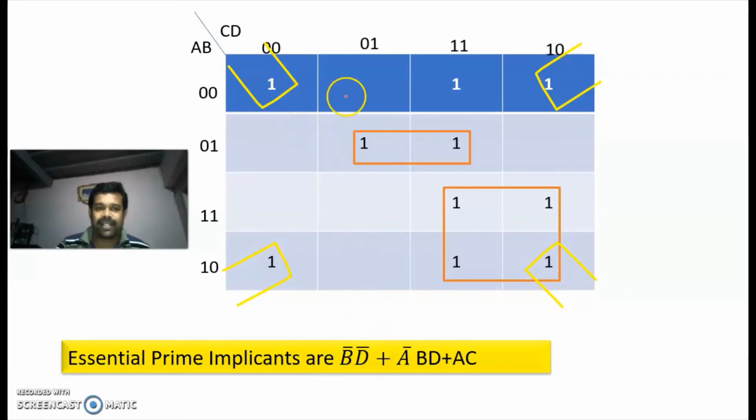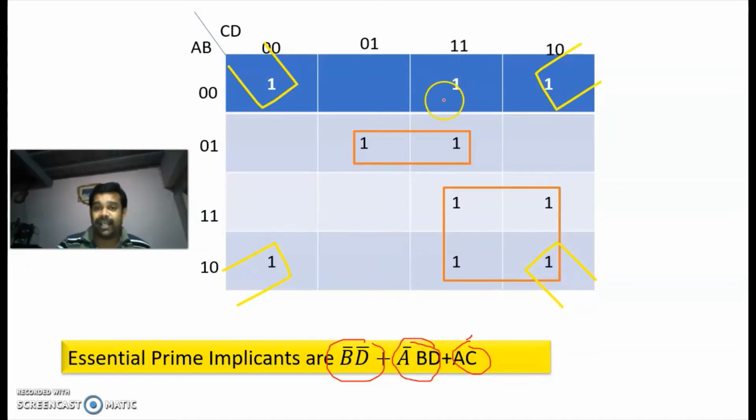So the expression for this one is B bar D bar. For the corners, for this one, A, C. For this one, A bar, B, D. These are the essential prime implicants.